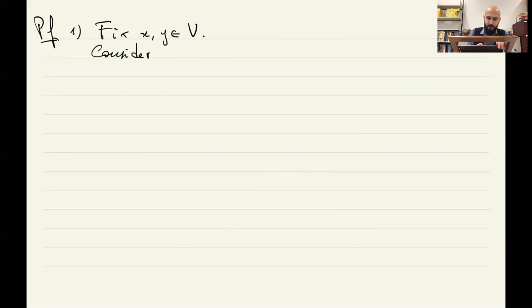Okay, let's move on and let's give a proof. So for the first part, let's fix x and y in V, and let's consider the function g of lambda defined as the scalar product, with the notation that we used before, the norm of x plus lambda y squared.